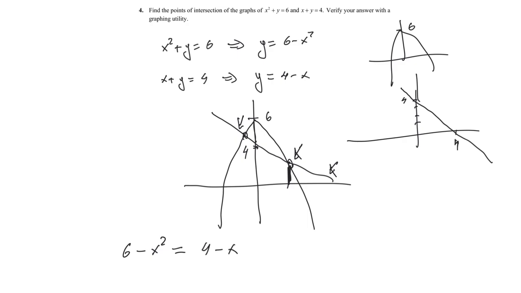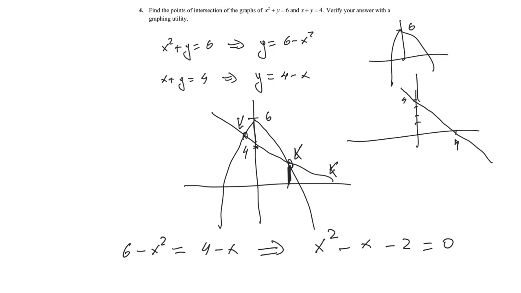And this takes you to a quadratic equation: x squared minus x minus 2, and this equation should be equal to 0.